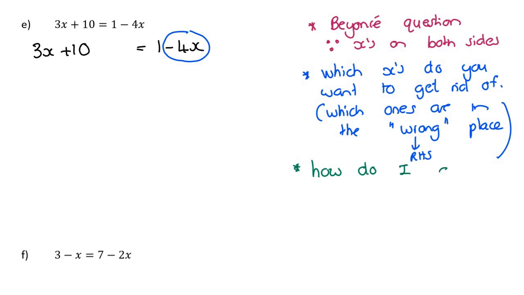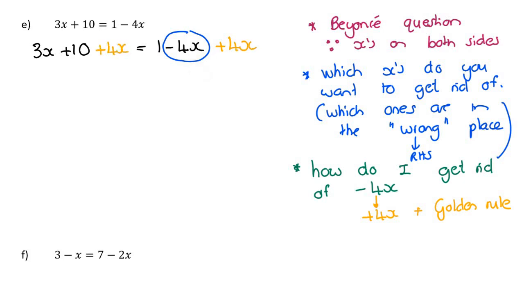How do I get rid of minus 4x? And the answer to that is hopefully you do the inverse operation, which is I add 4x, and the golden rule says if you're going to add 4x to the right-hand side to get rid of them, you must add 4x to the other side.